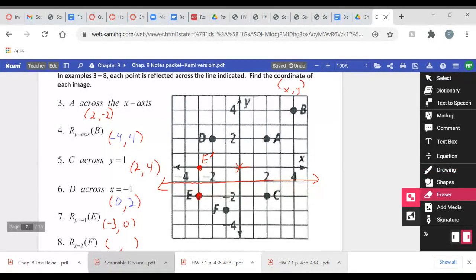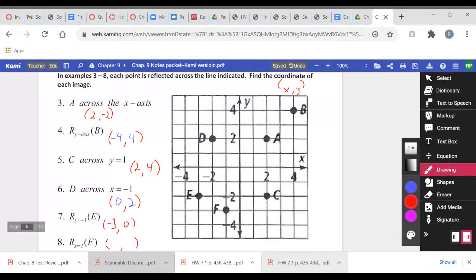Okay, and then last but not least, number 8, it's reflecting about the line x is equal to 2. So that's going through the x-axis at 2. Here is my origin.